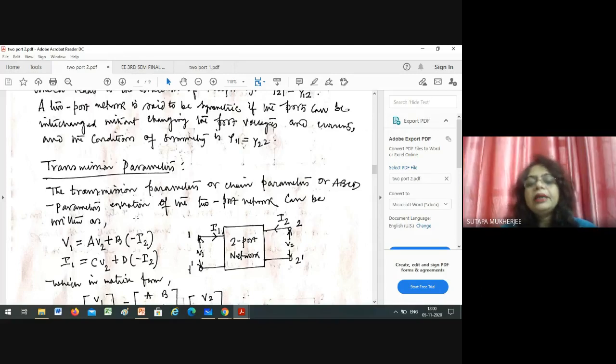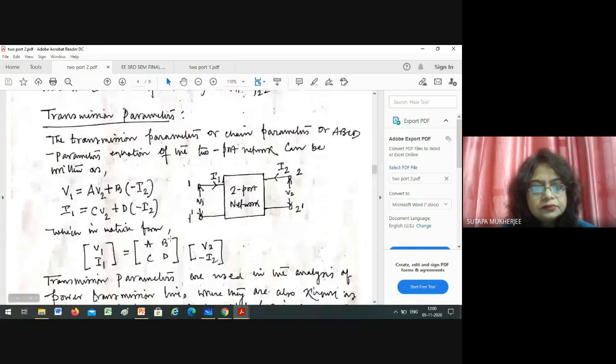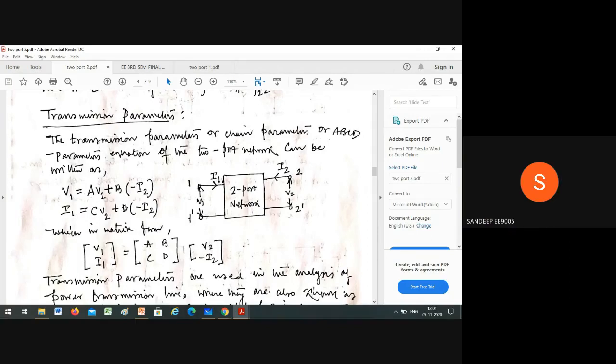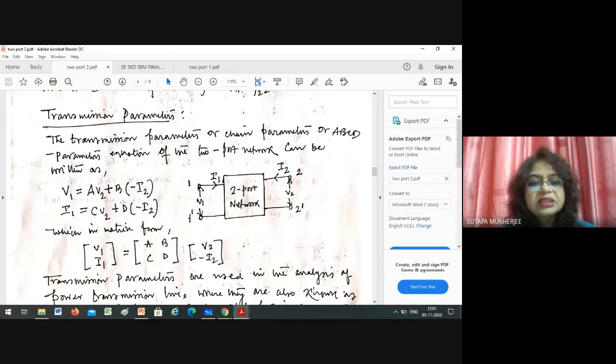Now write, in case of transmission parameters what will the function be? The equation is formed, what can the function be? V1, I1 is a function of V2, minus I2.